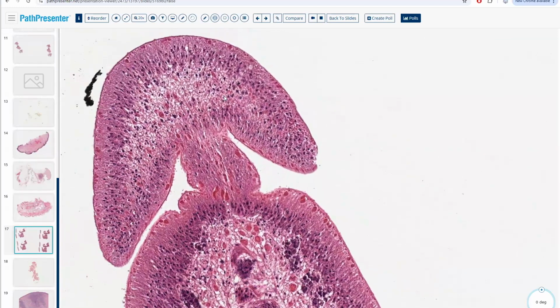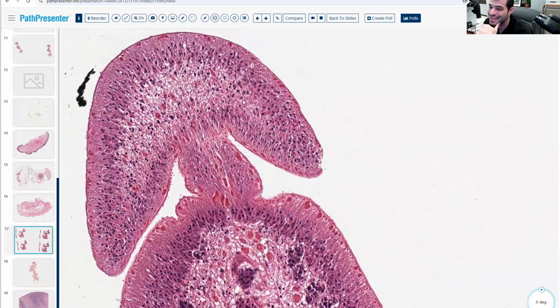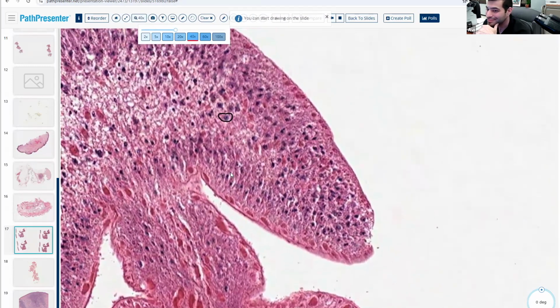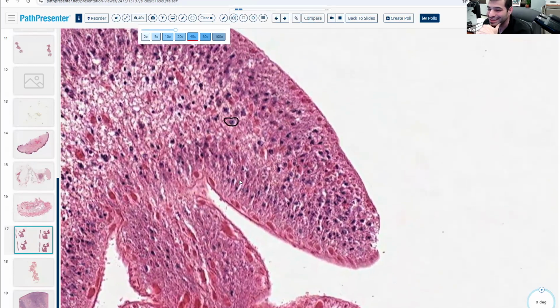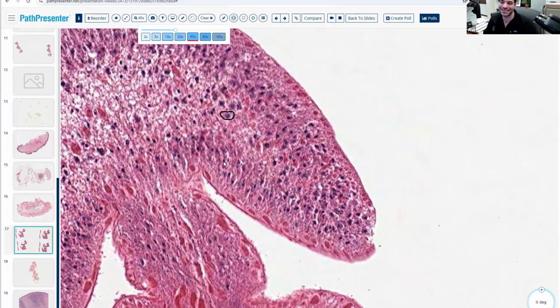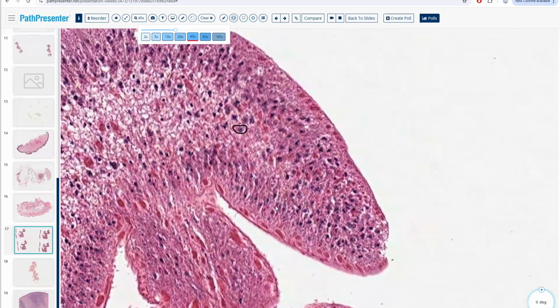Cestode. And by the way, what do you see in cestodes? Look at this. See that? That's a what? Calcareous corpuscles for calcium homeostasis. Remember? Things that stain with von Kossa and alizarin.